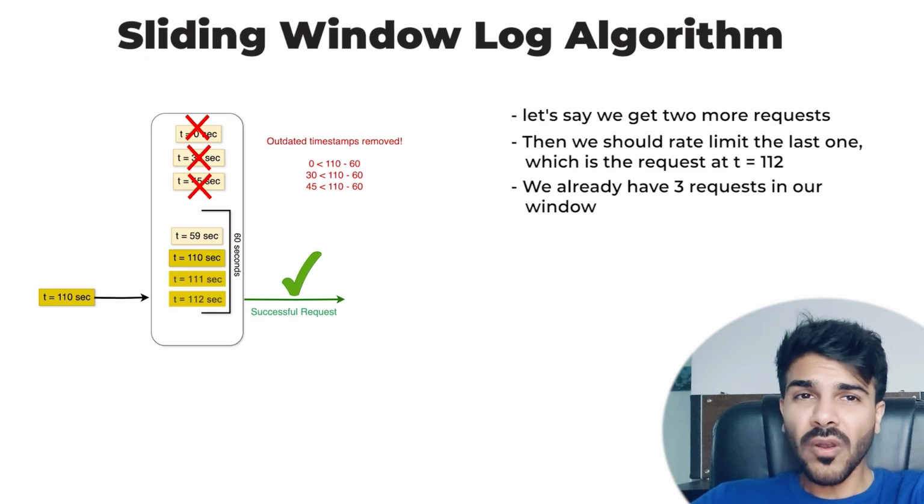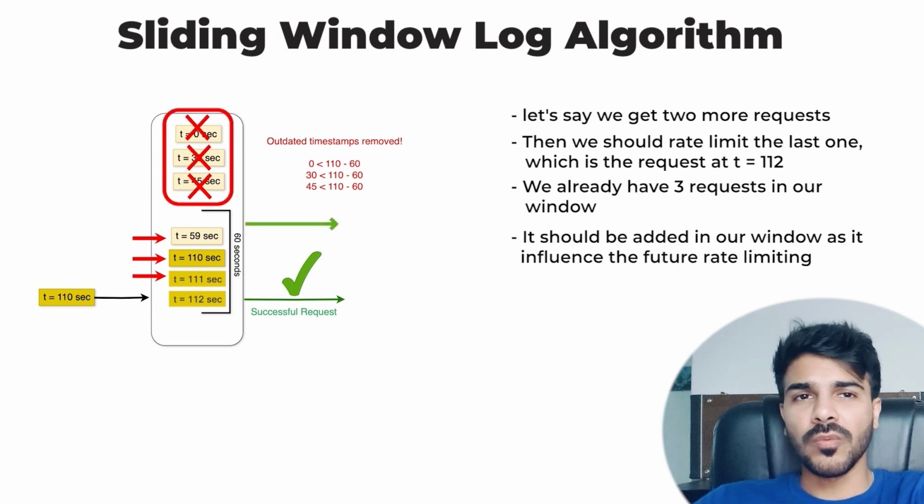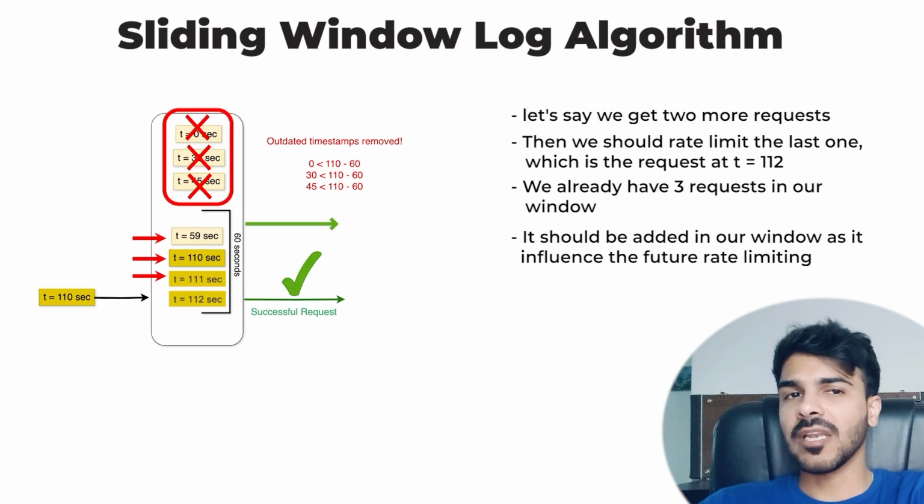This is because we already have 3 requests in our window, which includes the request that was rate limited at T is equal to 59. So basically, irrespective of whether the request is allowed or rejected, it should be added in our window because that rate limited request, in case the request is rejected, would still influence the future rate limiting. I hope it makes sense.